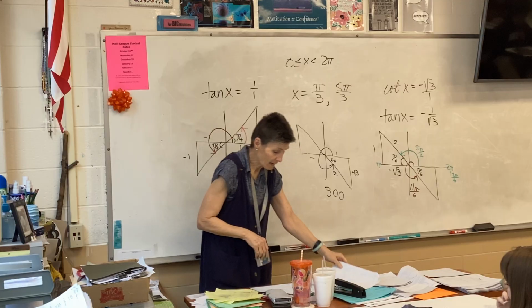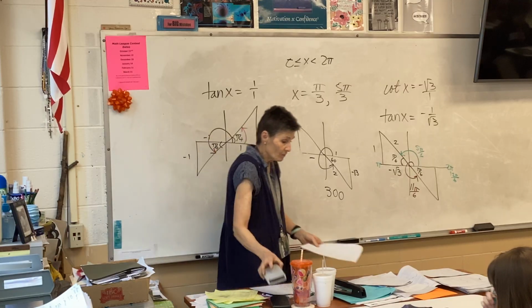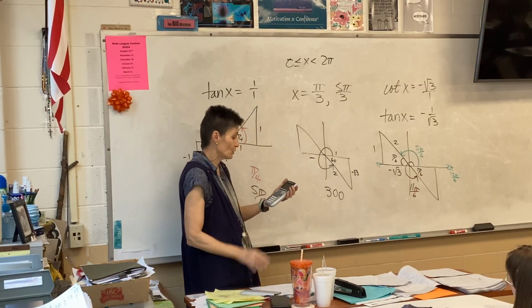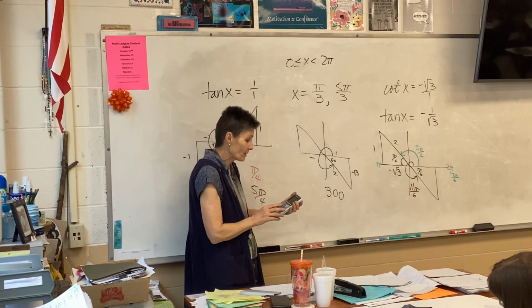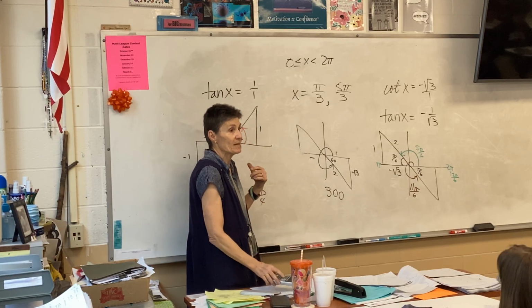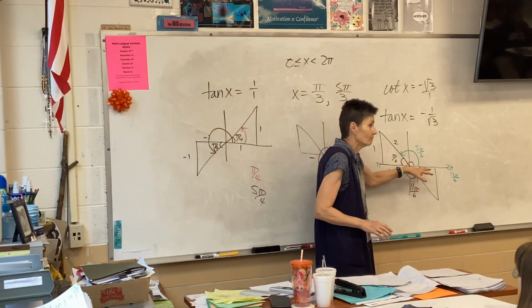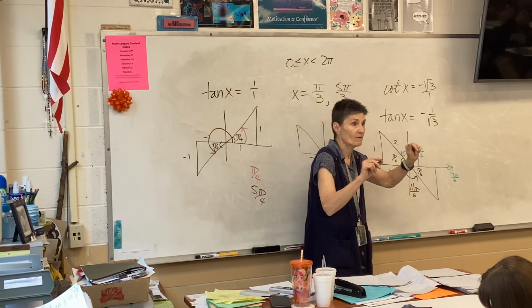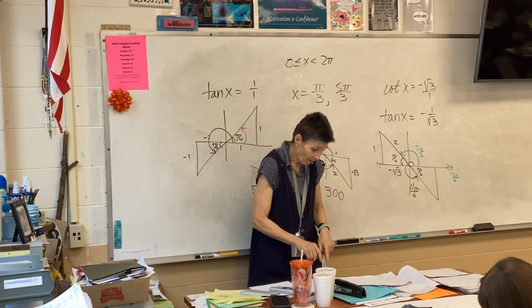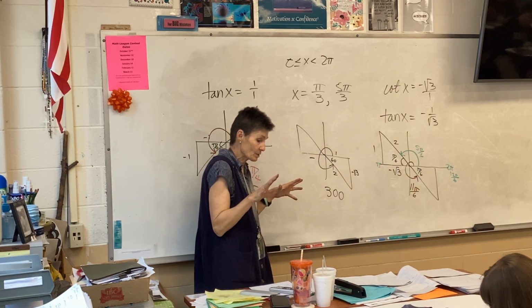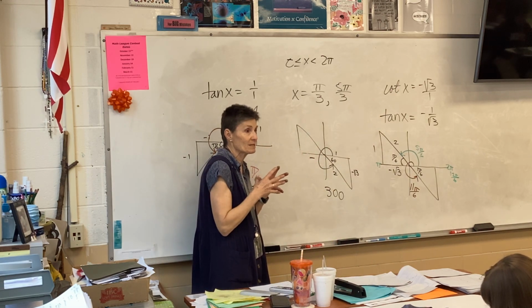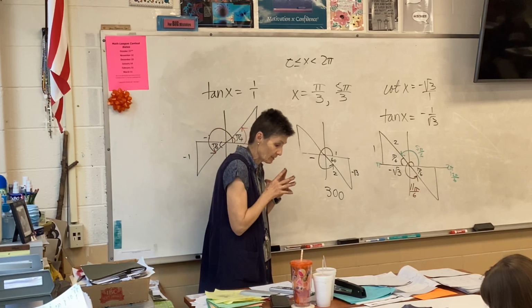Get your calculators out. Those problems were doable without a calculator because every picture that I drew was special. 30, 60, 45. Now I've got random wacky numbers, so it's not going to be special, so I'm gonna need my calculator.